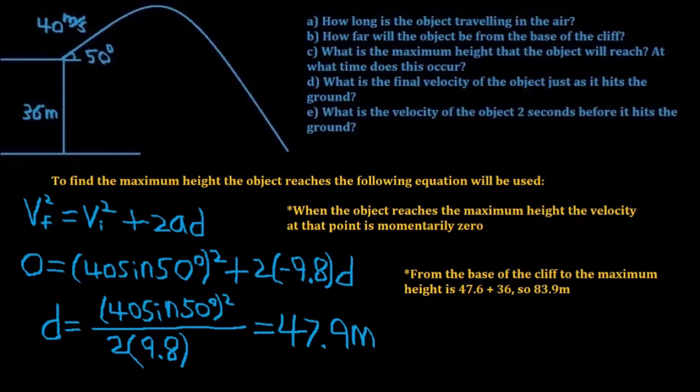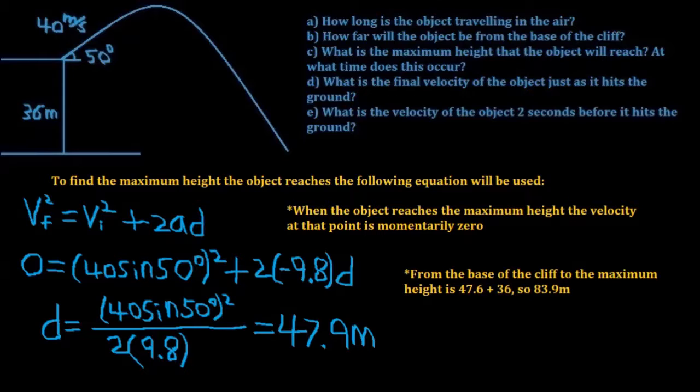47.9 meters. But one thing you have to understand is that when an object is launched from a cliff, or from a certain height, there are basically two heights: the maximum height relative to the top of the cliff, and the one relative to the bottom of the cliff.